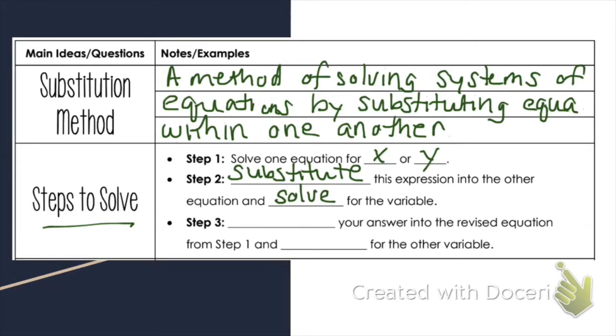Step three, once we've solved for that variable, we're going to substitute that answer into the revised equation from step one and solve for the other variable. And remember, these variables will be X and Y.